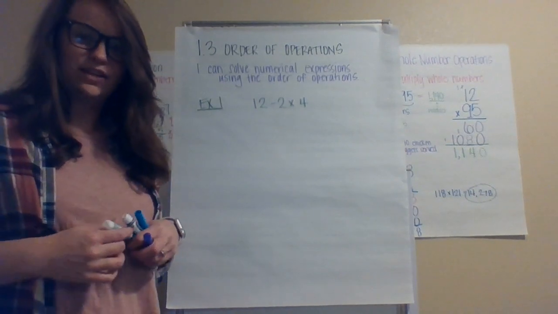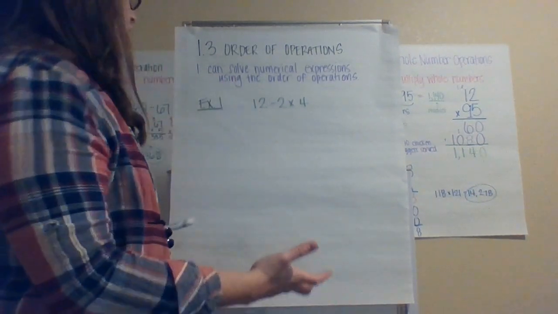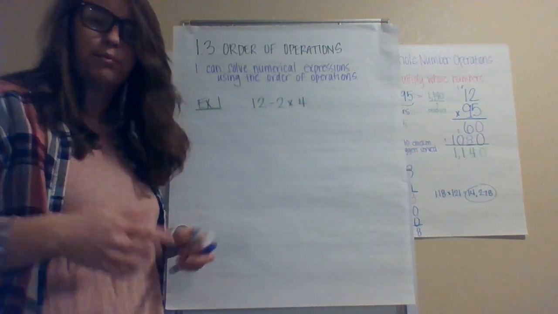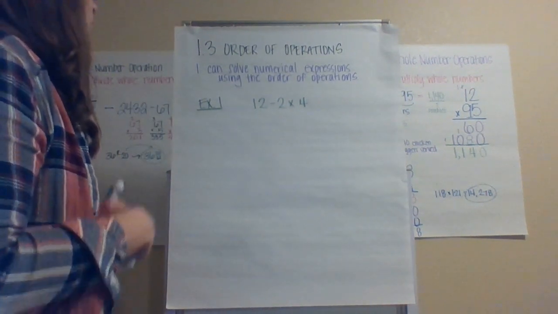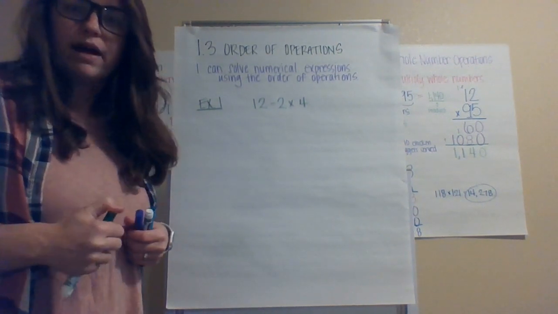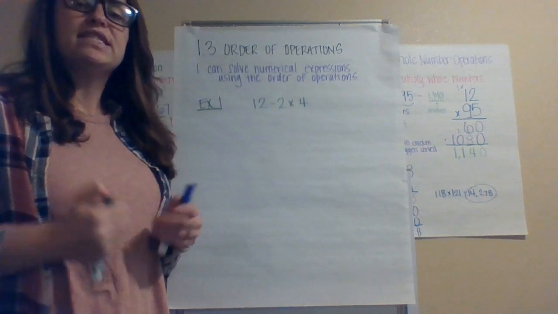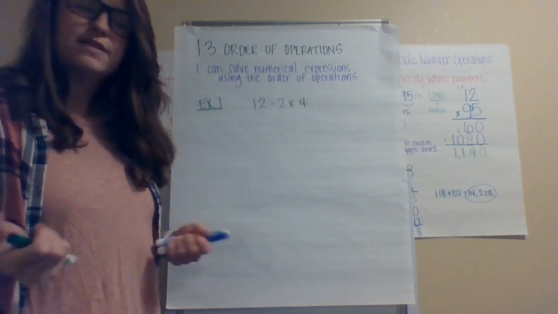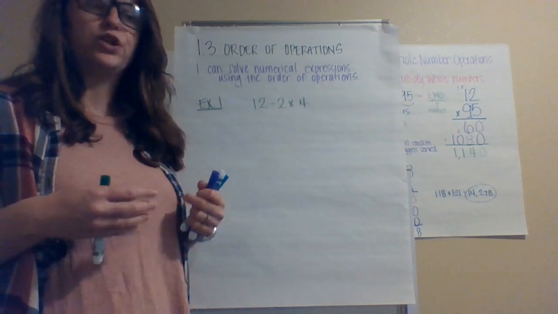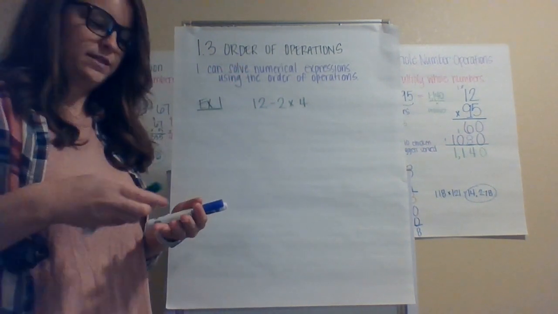All right, so let's go ahead and take a look at some examples. So we talked about a numerical expression, which is a mathematical statement using numbers and operations. And we talked a little bit about the order of operations. So one thing to keep in mind moving forward is even if it's not in the instructions or the directions, you will always solve any mathematical problem in the future using the order of operations.